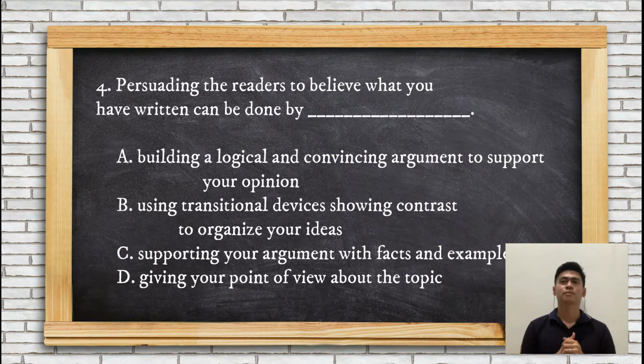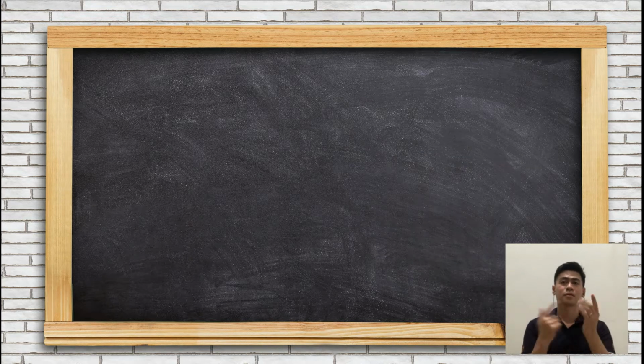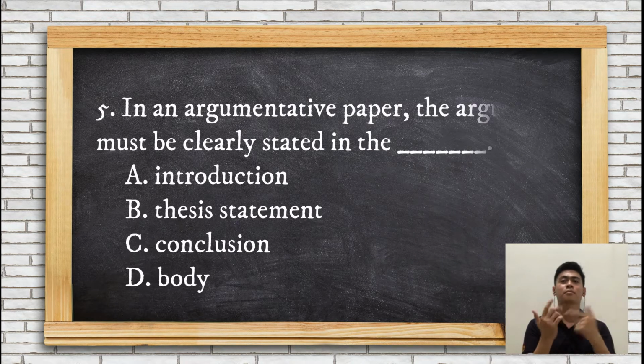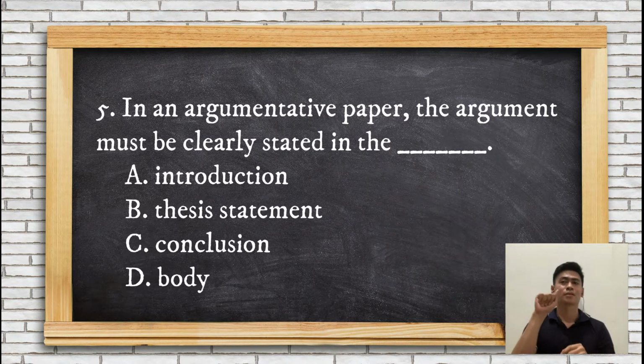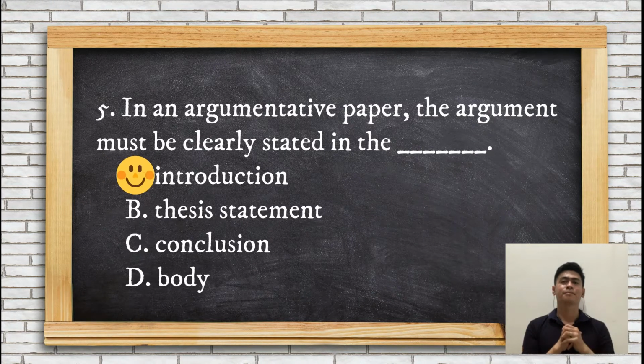C. Supporting your argument with facts and examples. Number 5. In an argumentative paper, the argument must be clearly stated in the A. Introduction, B. Thesis statement, C. Conclusion, or D. Body. A. Introduction.